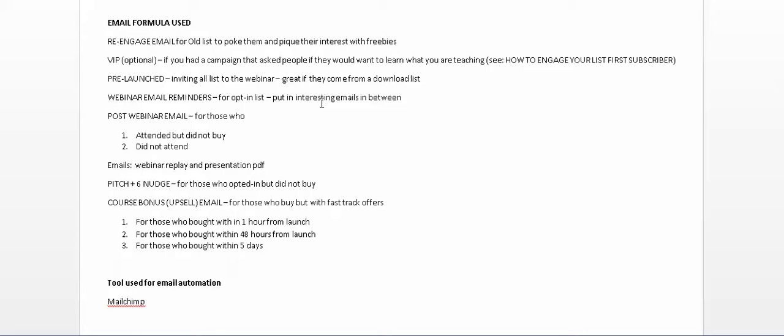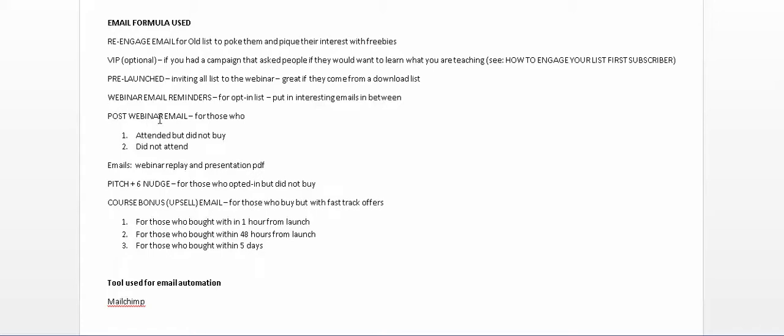Share something valuable to your list as well, especially if you know that they've opted in from your VIP, or maybe they opted in from your FB, and you want to give them some treats, so you could really personalize your content. Okay, so you put interesting emails in between from them opting in until your webinar.